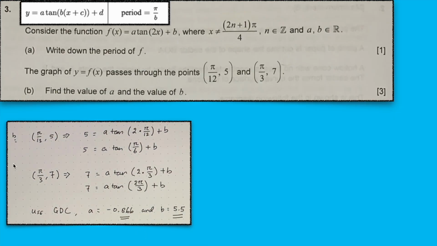If we do that, we will end up with these 2 equations having 2 unknowns, a and b, which we're after, and we can find a and b using GDC. Let's try to use GDC to find a and b.